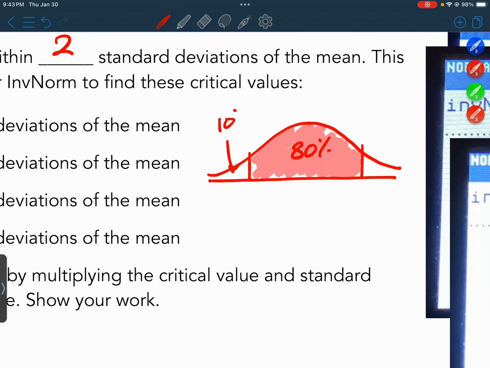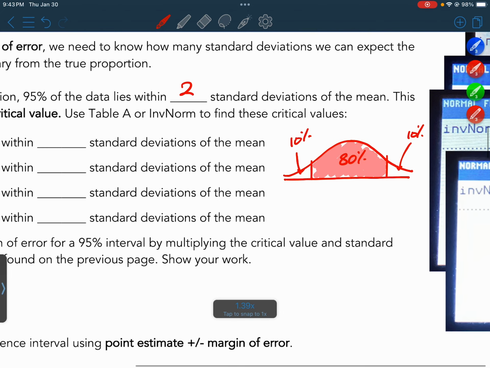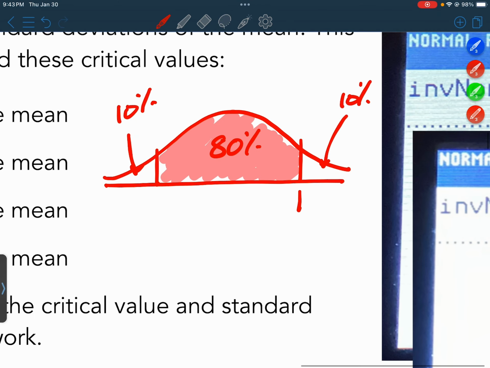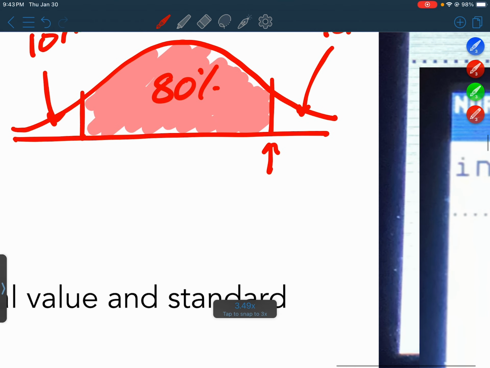And that means we're going to have 10% in the left tail and 10% in the right tail. Our critical value is going to be the right boundary value, and that's just going to be some z-score. I'm going to put a little star next to it because it's a special z-score.